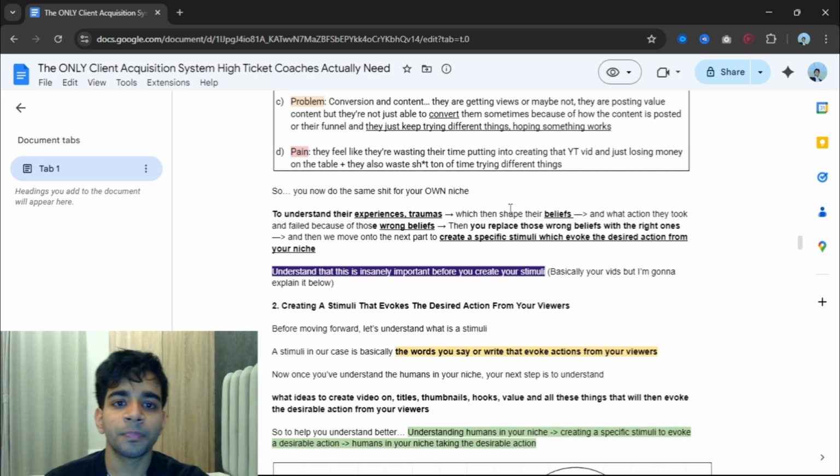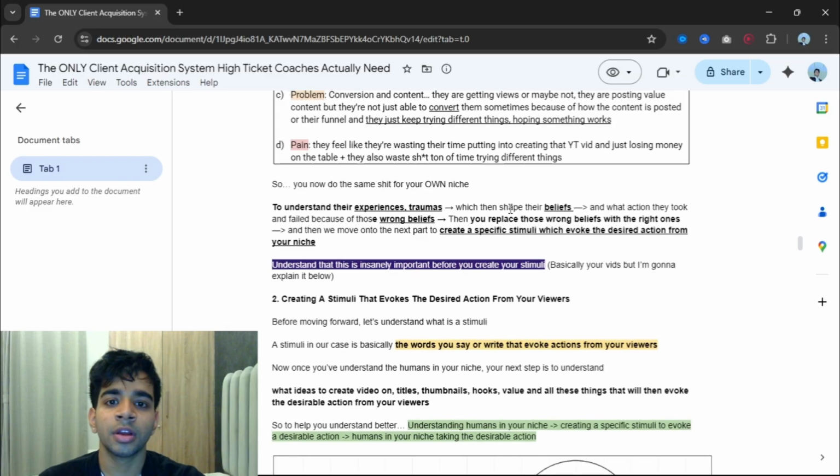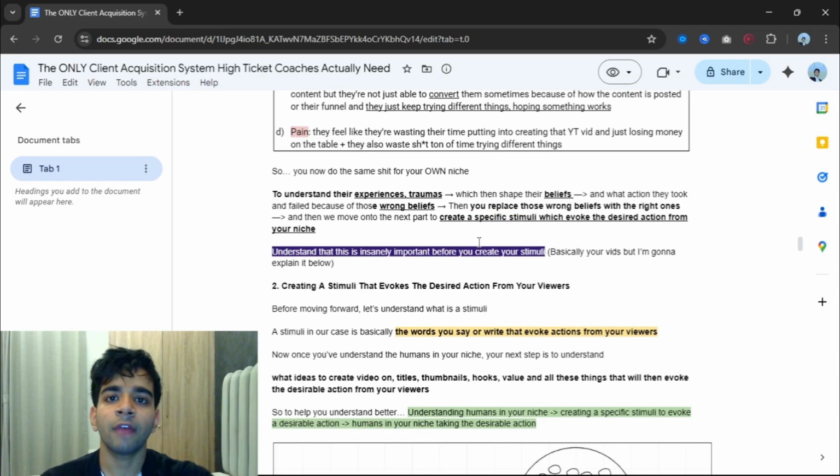So now I have to understand those wrong beliefs that you have, and I have to replace them with the right ones. And to go through this process of replacing your wrong beliefs with the right ones, I have to say some words to you, right? Which is why I have to create a specific stimuli, which are basically the words, and to have you hop on a call with me and sell you my services, right?